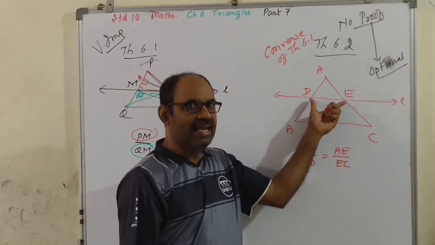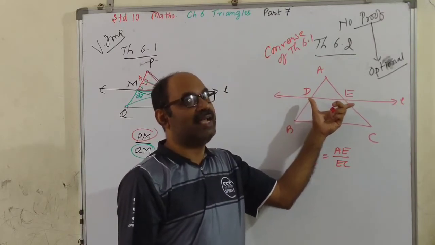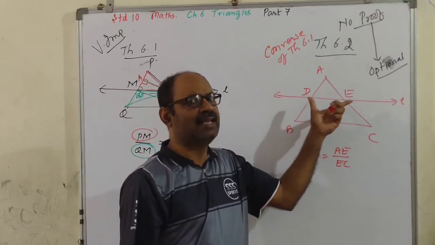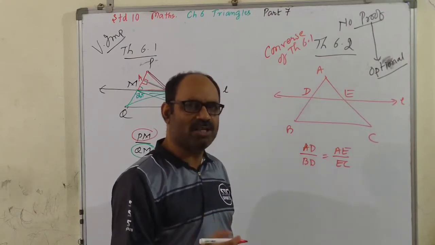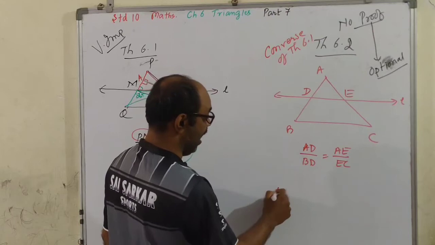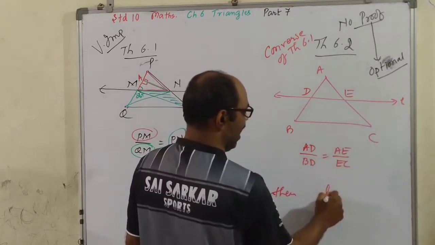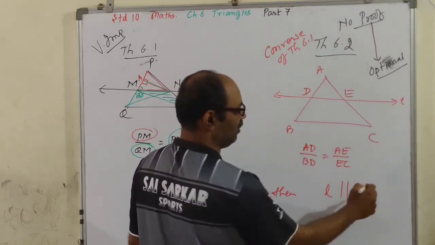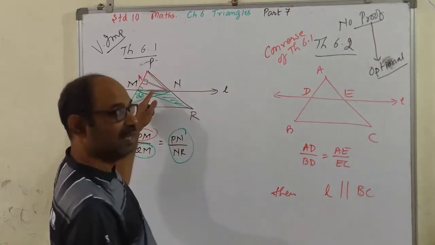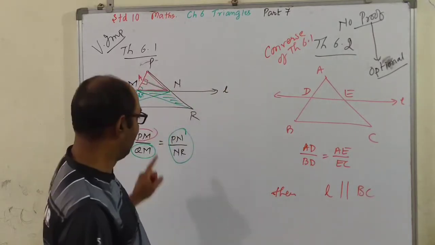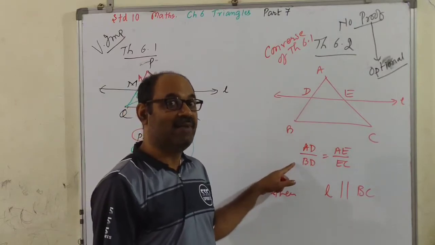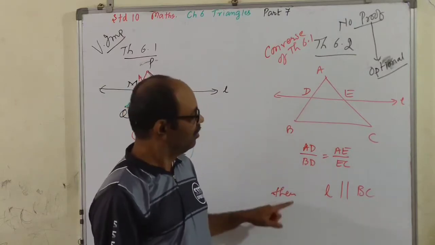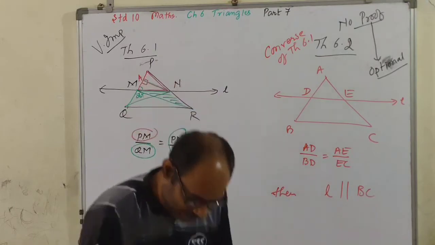That means the line intersecting the two sides divides the two sides in the same ratio, same proportion. Then this line L is parallel to BC. In the earlier case, line L is already parallel. Then ratios are equal. Here, the line is not parallel, but the line divides the two sides in the same ratio. Then that line has to be parallel.